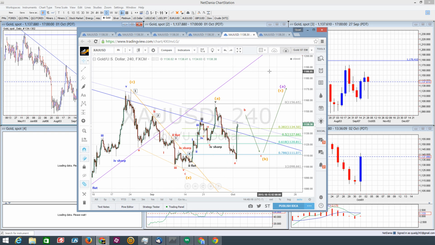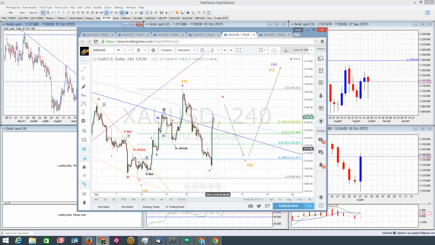Okay, here's the short-term LE wave count zoomed in on the 4-hour chart. It does look like wave A is finished. Could this be something else? It looks impulsive to me, and it does have enough wave structure to support an impulse to the downside.